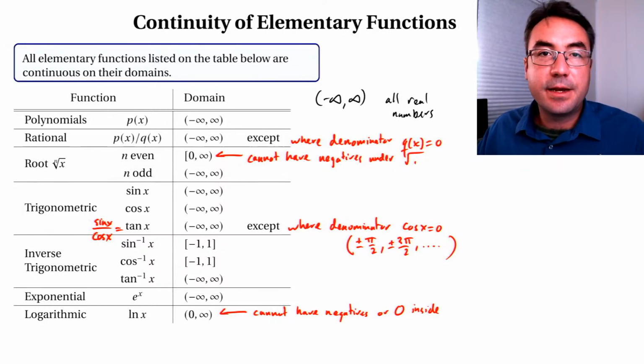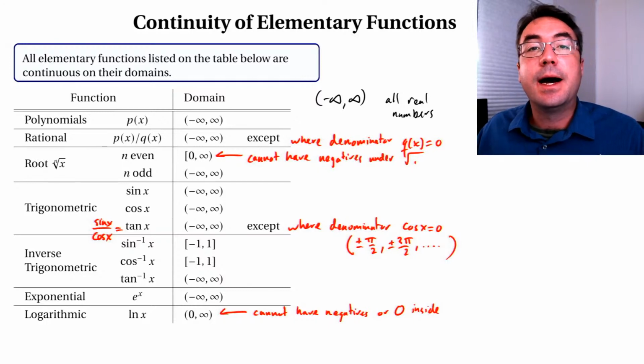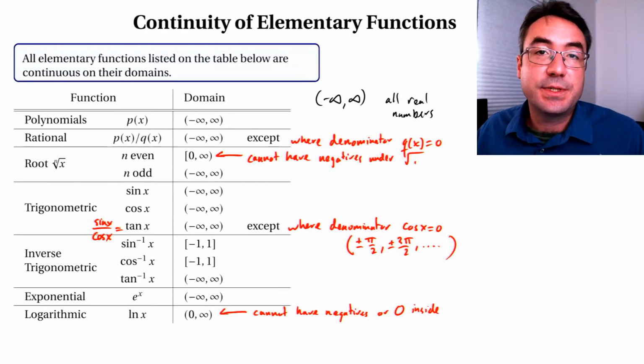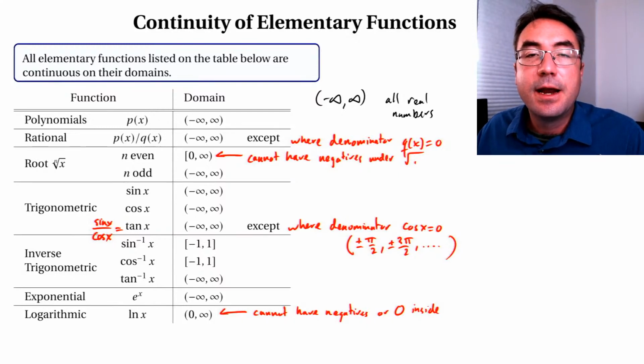So we can't plug negatives or 0 inside the natural log function. So it only works if we're plugging in a positive number. And so that's its domain, 0 to infinity. But the function is continuous then on that domain.